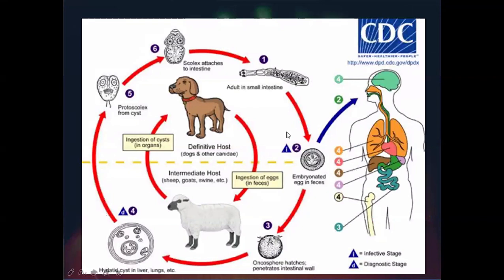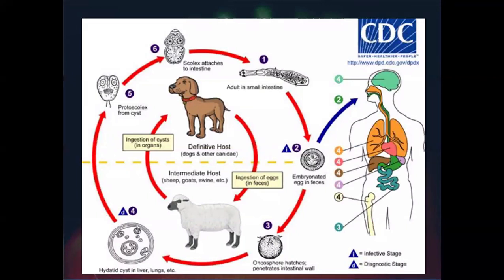Life cycle. Okay, embryonated eggs are released in the feces, ingested by humans, but normally they are ingested by sheep. And in the sheep, they now mature and form what is termed as hydatid cysts, more common in the lungs, but can also occur in the liver.